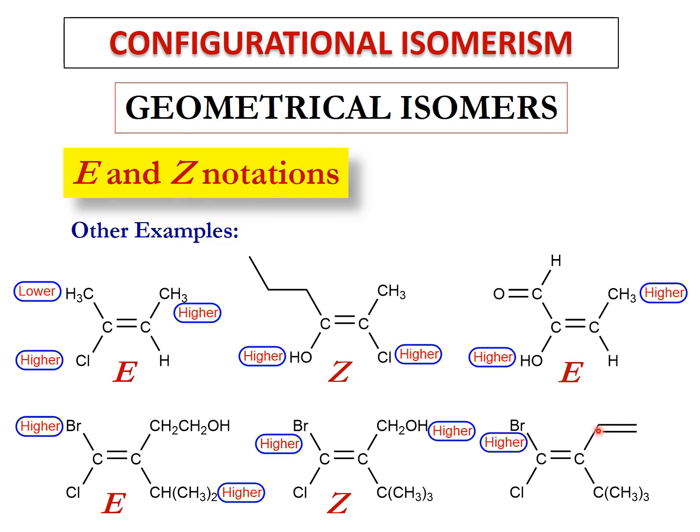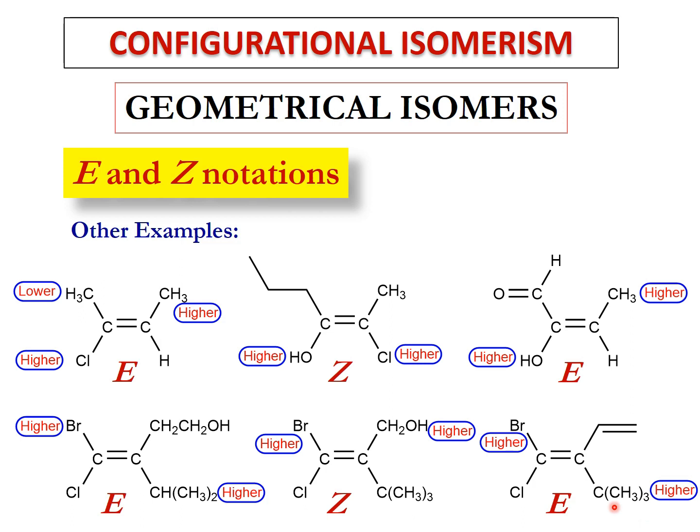So this carbon atom will have 1 hydrogen and 2 carbons, but this carbon does not have a hydrogen. In fact, it has 3 carbons attached to it. So again, this will have a higher priority, so the geometry would be E in this case.